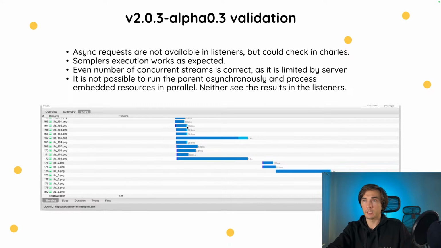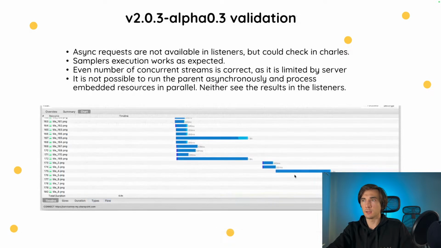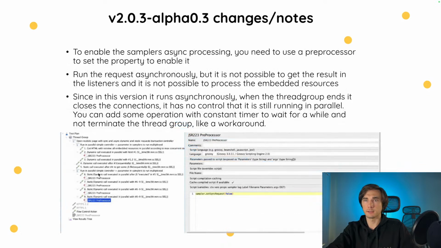So we got all embedded resources loaded in parallel, you see. Then we got 2 requests in parallel, 2 and 3. Well, I wanted 2 and 3. Then 4 and 5 sequentially, and then 4 requests in parallel.